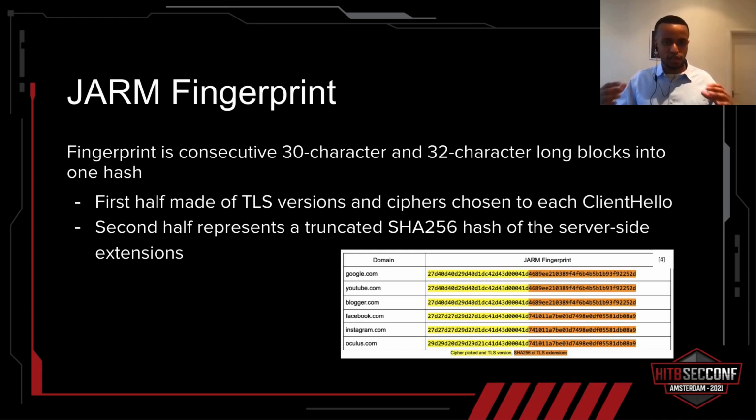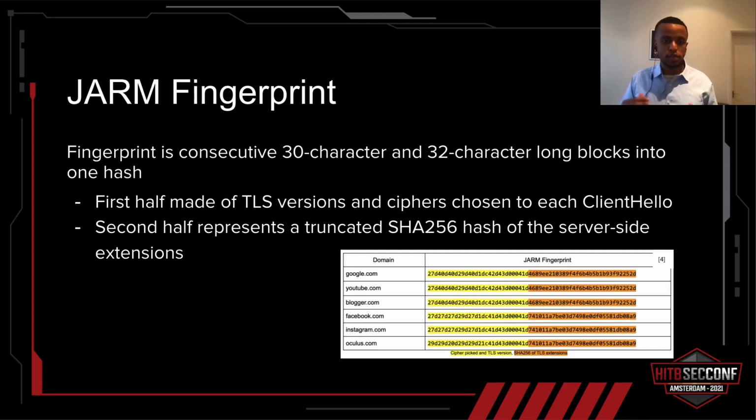And you can see the figure in the slide for where that line is drawn for a few different domains that were fingerprinted using JARM. So what JARM is used for, and now that we see in that picture, it's useful for 2 things. The first is we can group servers together by configuration.